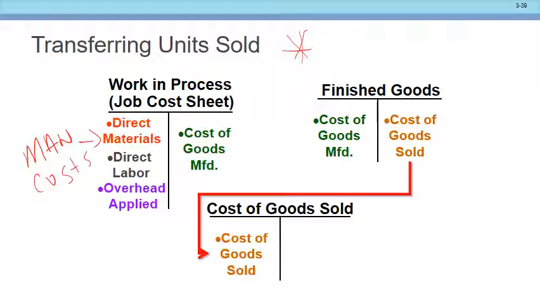And doesn't this tell you the whole thing? The amounts that get added to work in progress are called manufacturing costs. The amount that gets transferred out of work in progress and into finished goods is called cost of goods manufactured. And then just like it is in 101A, the cost of the items I sell is called cost of goods sold, right? As they come out of finished goods and into cost of goods sold. Okay, good. So that's a good slide.